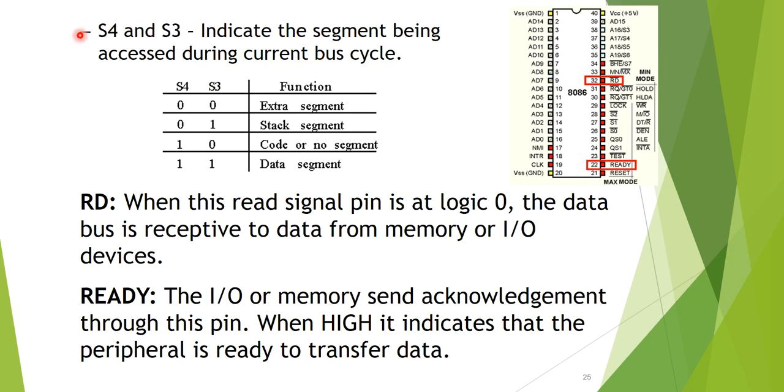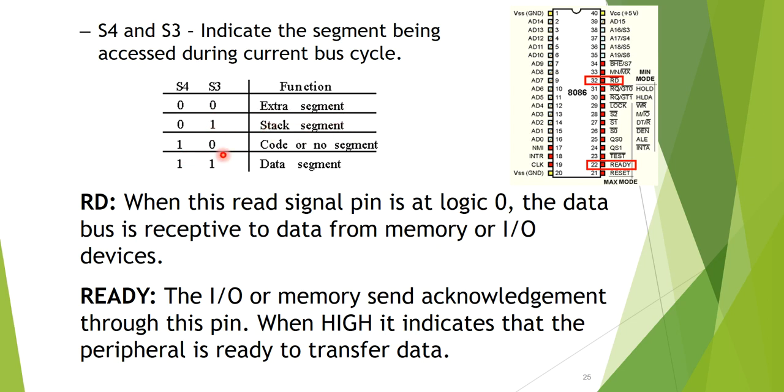That means by S4 and S3 it is indicated which segment the microprocessor is currently communicating with. If it is 0 0, then the microprocessor is communicating with the extra segment. If it is 0 1, it is communicating with the stack segment.